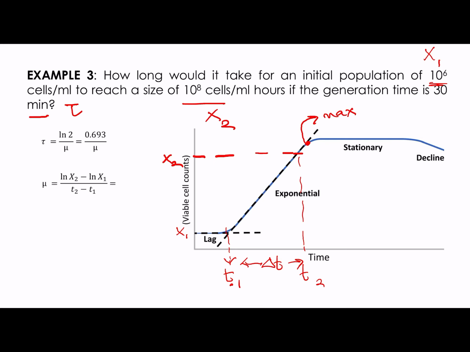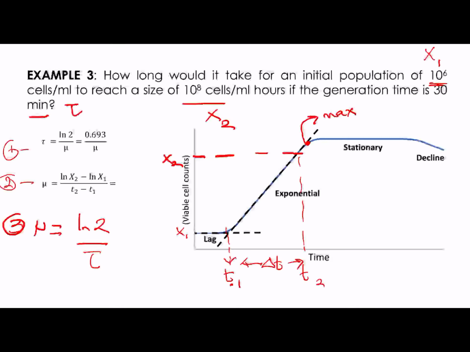Same thing as we did in the previous calculation, make mu your subject of the formula. So we have equation 1, equation 2, equation 3, big mu is ln 2 over tau. And then we can equate equations 2 and 3.